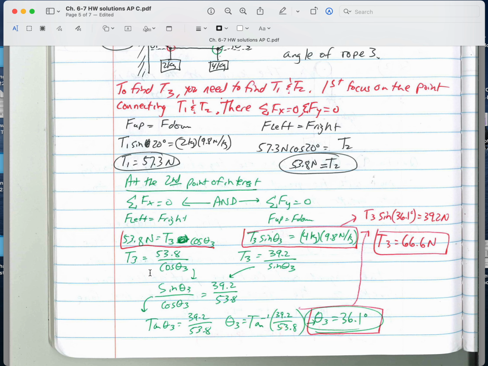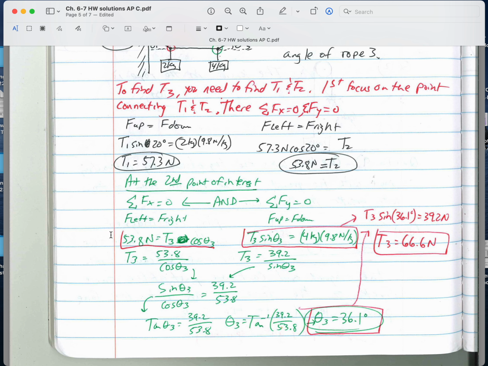Therefore, I could set them equal to each other. 53.8 over cosine theta 3 is equal to 39.2 over sine theta 3. I can rearrange that and get that sine theta 3 over cosine theta 3 is equal to 39.2 over 53.8. Sine over cosine is the same as tangent. So theta 3 is equal to inverse tangent 39.2 over 53.8, and that's a 36.1 degree angle.